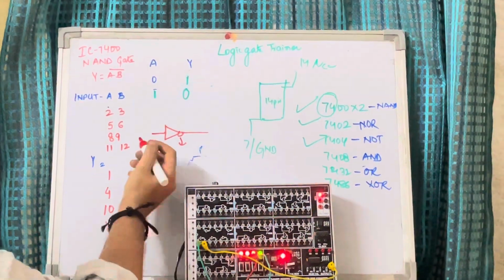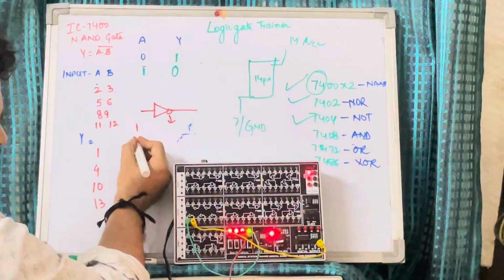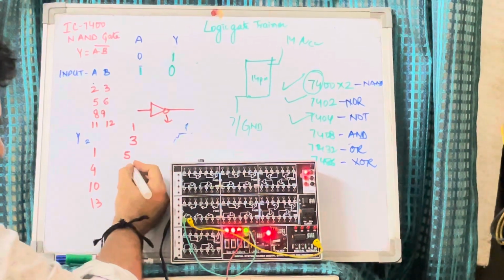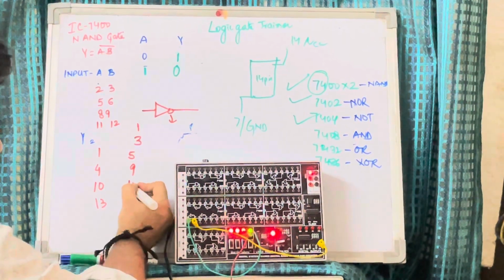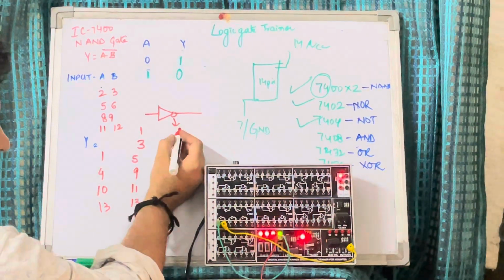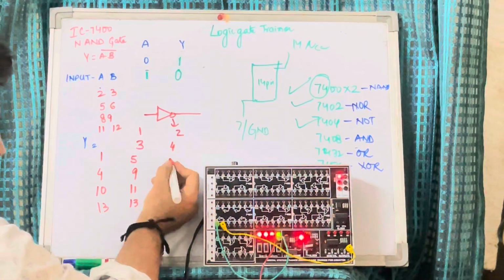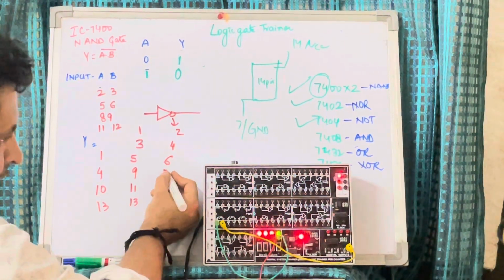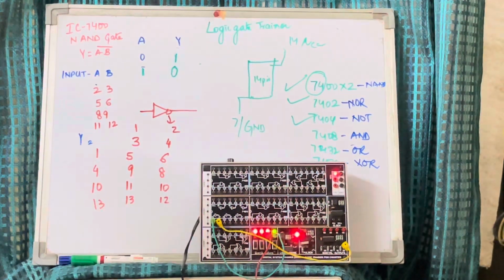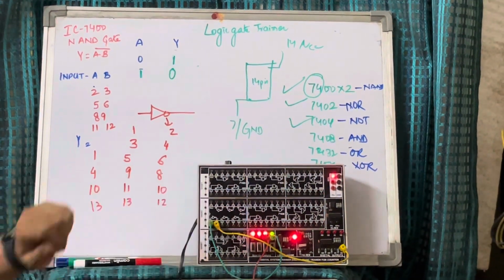Now for input, the pins are 1, 3, 5, 9, 11 and 13. The output pins are 2, 4, 6, 8, 10 and 12. So now we have worked the IC 7404.